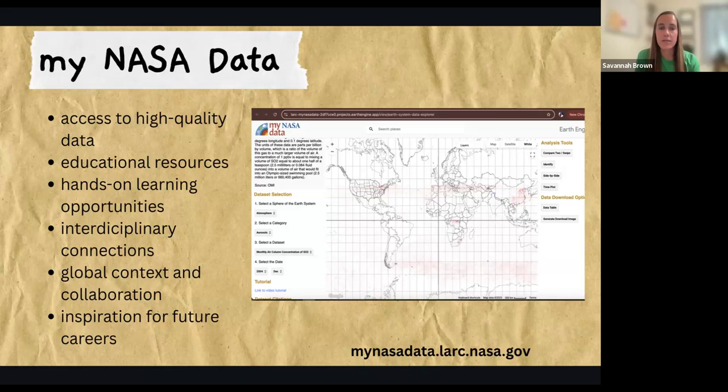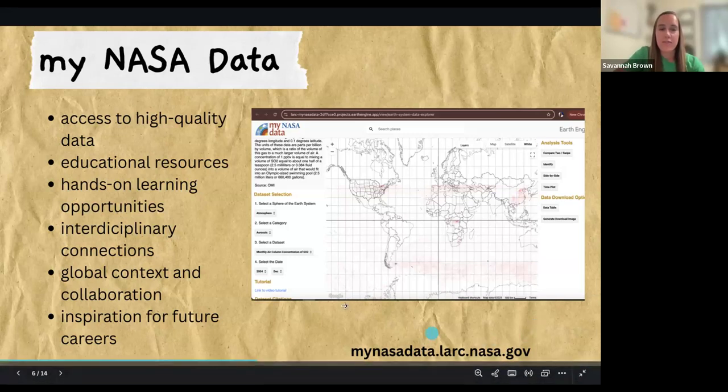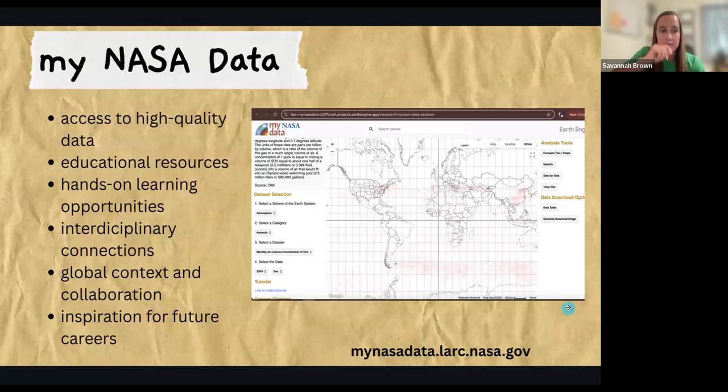And for any level of student, you can talk about this data. Depending on how you approach it is how it will be absorbed by them. So I really like that you can use it for a bunch of different levels of learners.